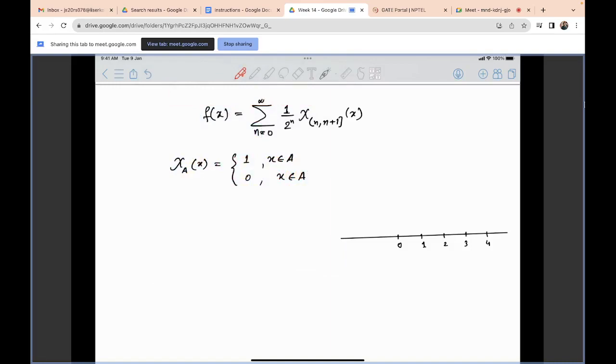So here it is 0, and for any negative x it is the same, because n goes from 0 to infinity and the intervals are shifting right. So this is the 0 function from minus infinity to 0. And what happens for n equals 0? It gives the interval open 0 to 1, and there the function takes the value 1, right?